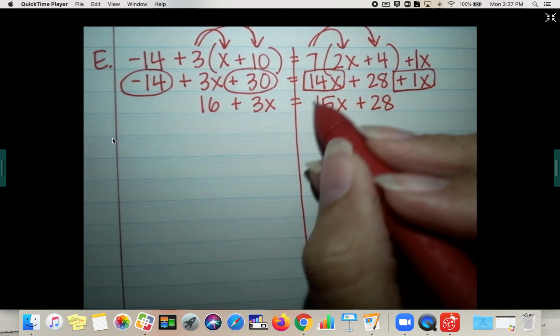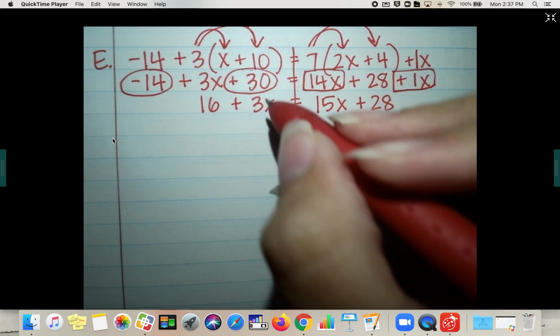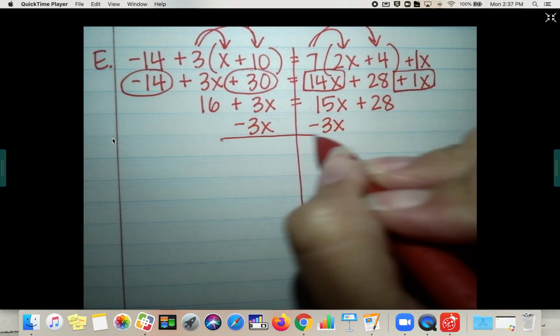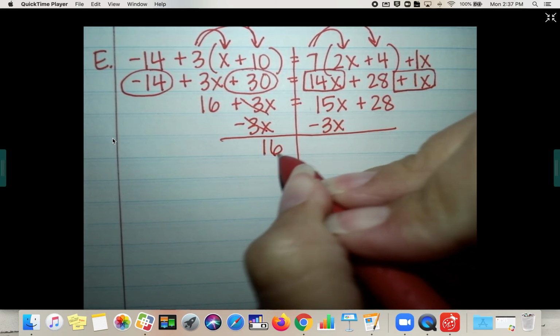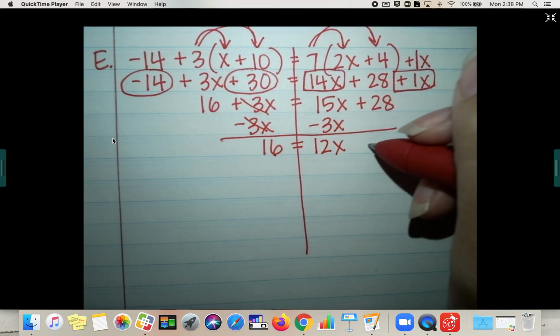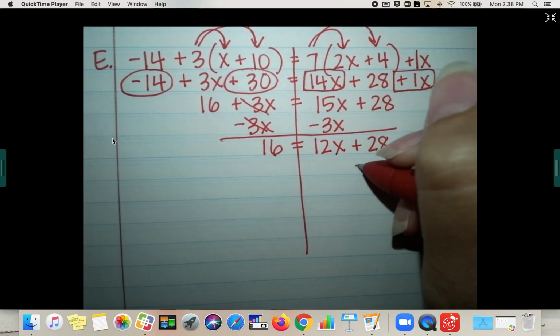All right, got to move one of these variables to the other side. I'm going to choose to subtract my 3x. 16 equals 15 minus 3x is 12x. Plus 28. Next step would be to subtract 28.